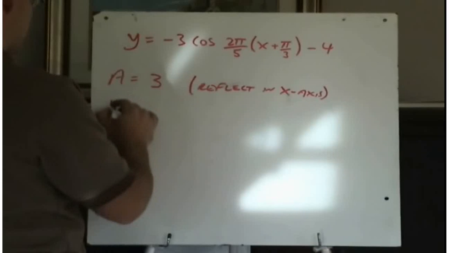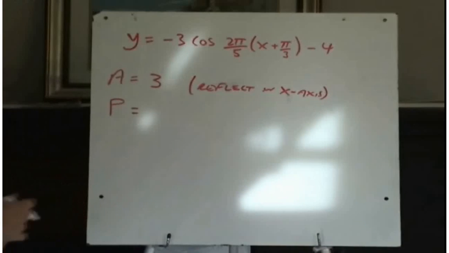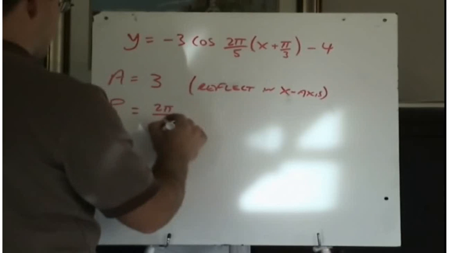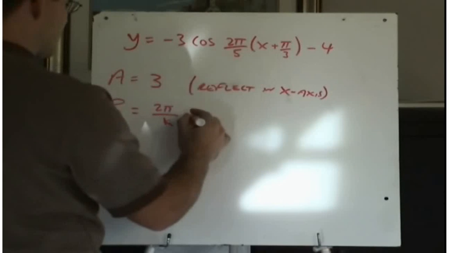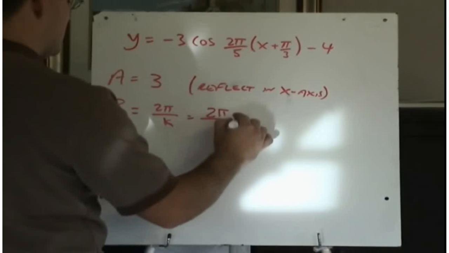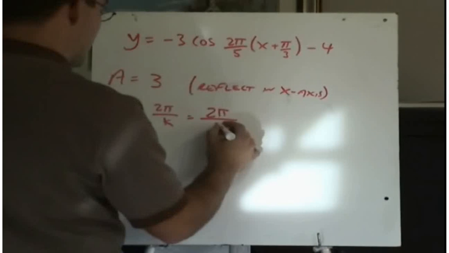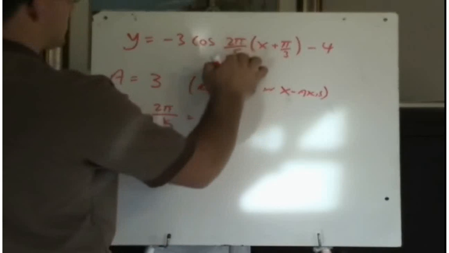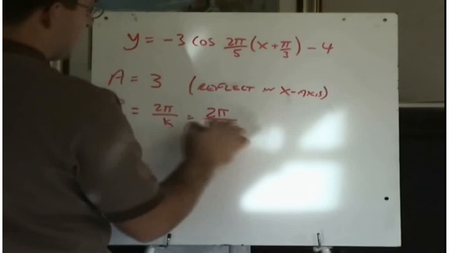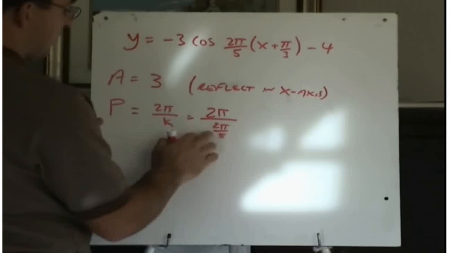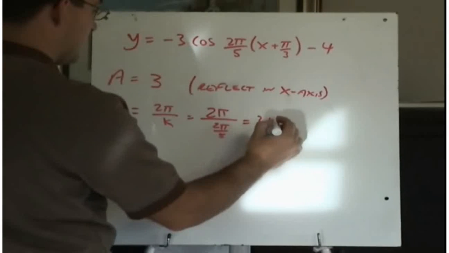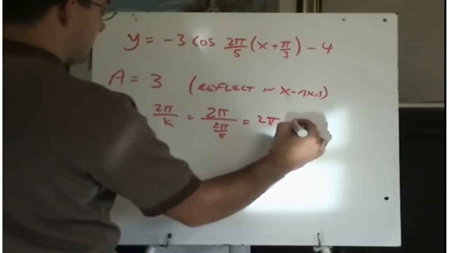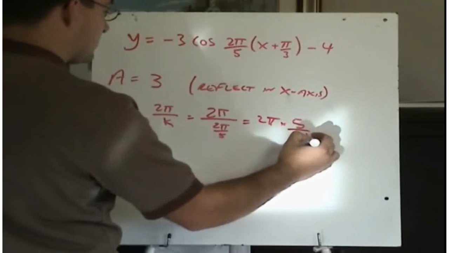The period, now here's an interesting thing. Remember we said the period is 2 pi divided by k, where k is this number in front of x. So here, it'll be 2 pi divided by this coefficient of x, which is 2 pi over 5. So if we have 2 pi divided by 2 pi over 5, remember anytime you're dividing by a fraction, it's the same thing as multiplying by its reciprocal.